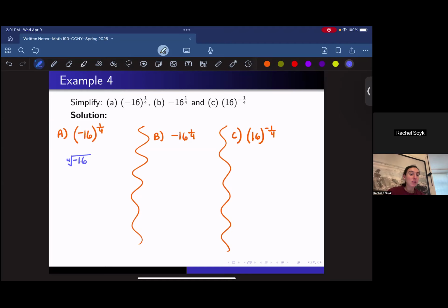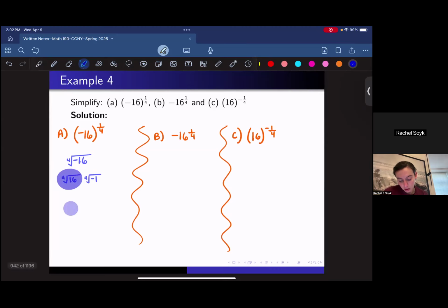Because it's an even index, this actually ends up putting us into the imaginary world. We can break this up into the fourth root of positive 16 and then the fourth root of negative 1. We know 2 to the fourth is 16, so this is just 2.